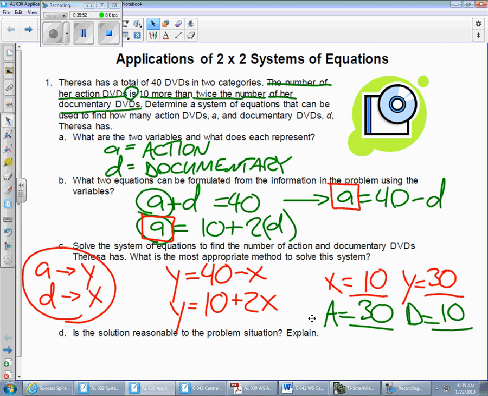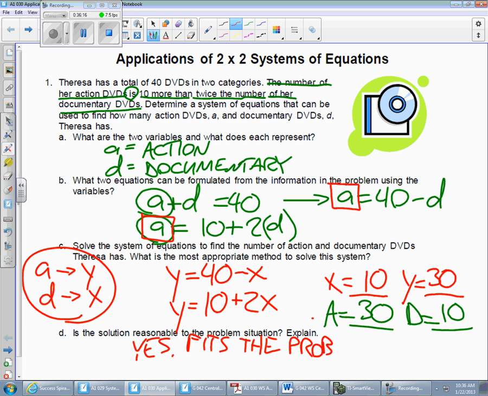Is that what we came up with for the action DVDs? You bet. This is what we call checking our answer for reasonableness. Do the numbers that we came up with make sense to the problem that they asked? The answer would be yes. And the explanation would be something along the lines of: fits the problem.